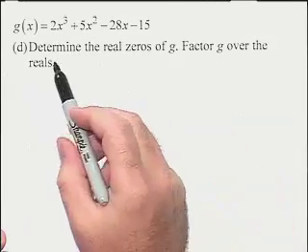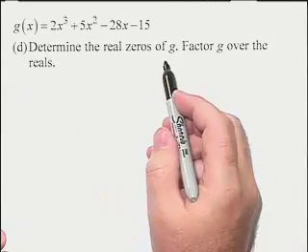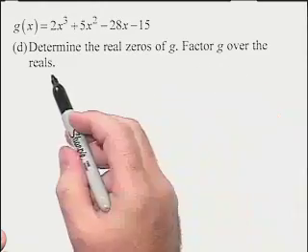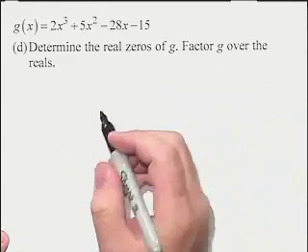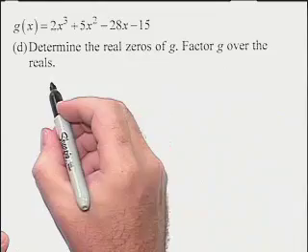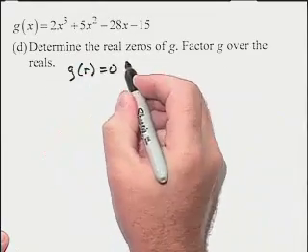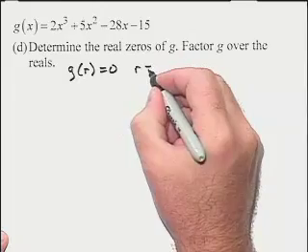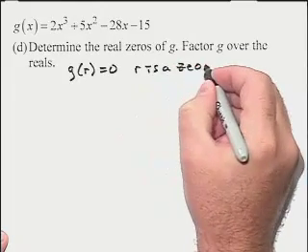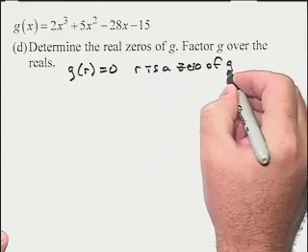In part D, we're asked to determine the real zeros of g, and then factor g over the reals. We're going to use the fact that if g of r equals 0, then r is a 0 of g.